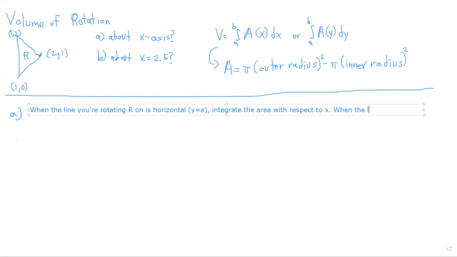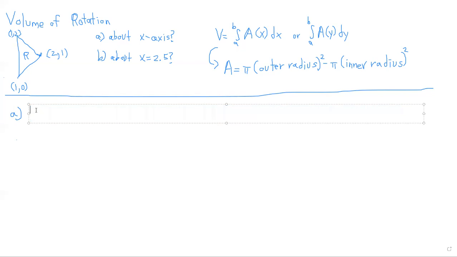When the line you're rotating R on is vertical, or x is equal to a, integrate the area with respect to y. This is always true.